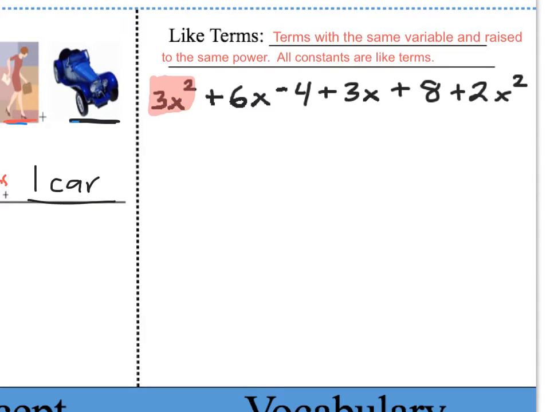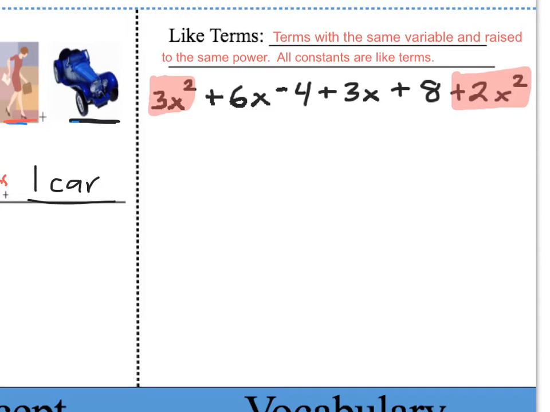I'm going to look for another term that has x to the second power. The next term I see is positive 2x to the second power. Those are going to be red because they have the same variable and the same exponent. Nothing else can be colored red because the other terms do not have the same exponent.